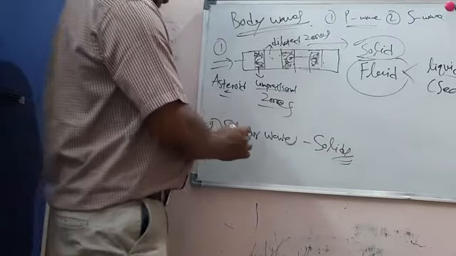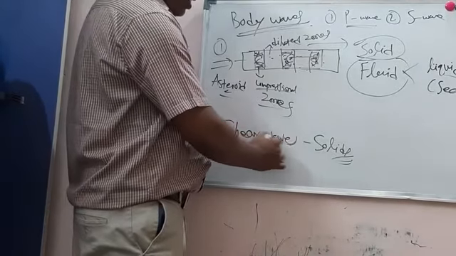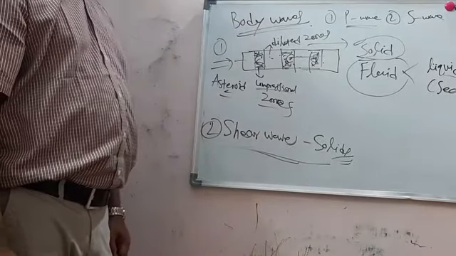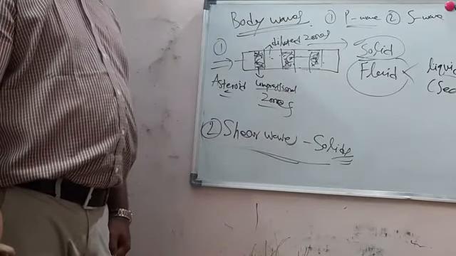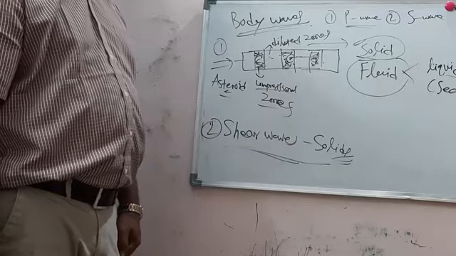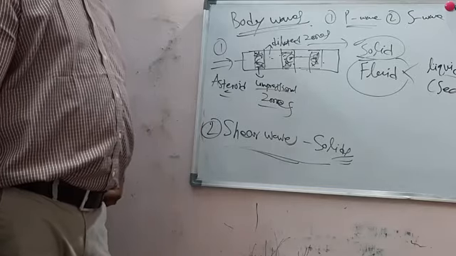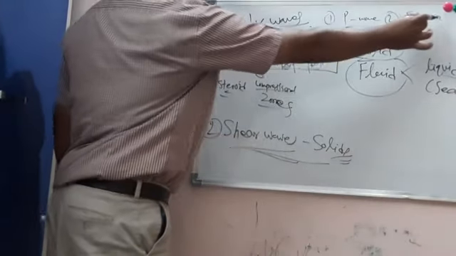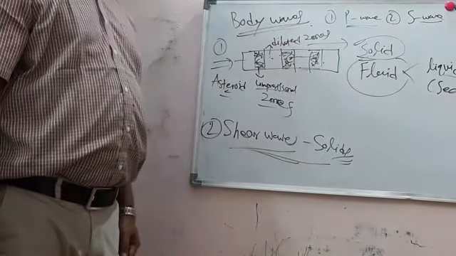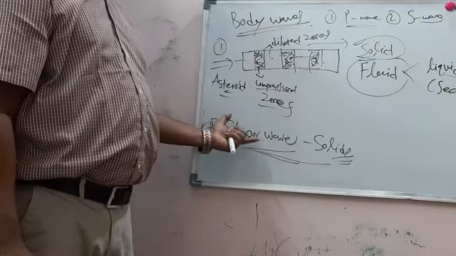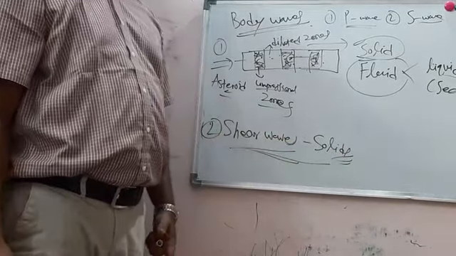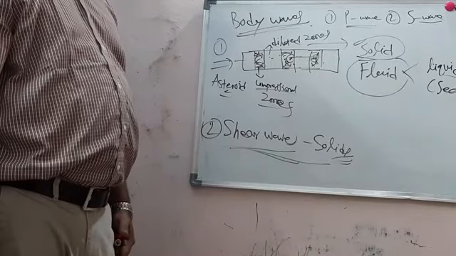This type of strain is not possible for fluids, that is liquids and gases. So shear waves or S waves are able to pass only through the solid part of Earth. Okay.